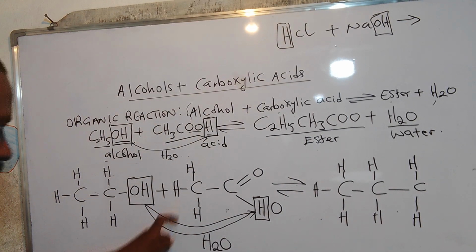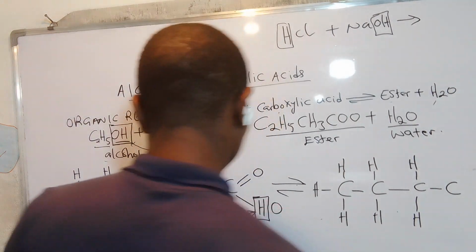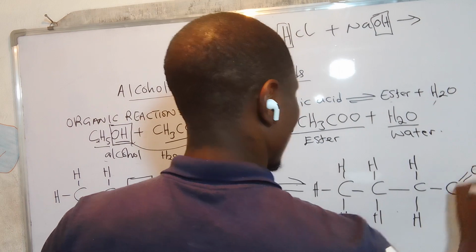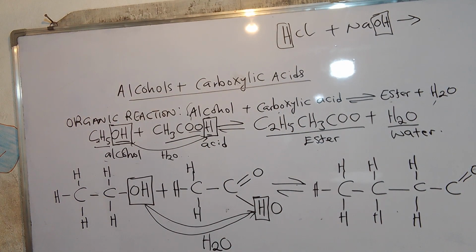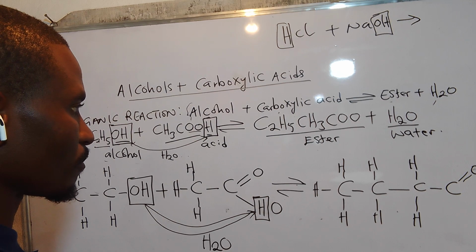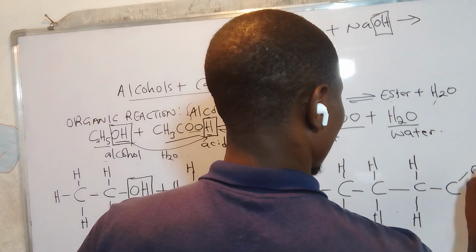So, we move this hydrogen, then you're going to attach this one. So, this part is going to have that, and then the other part, now, I'm not going to put the double bond there.